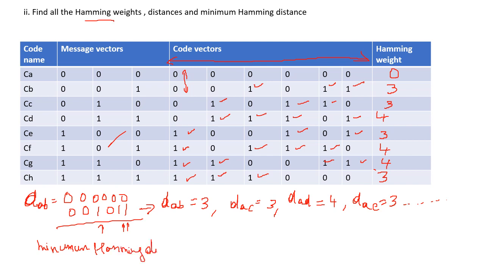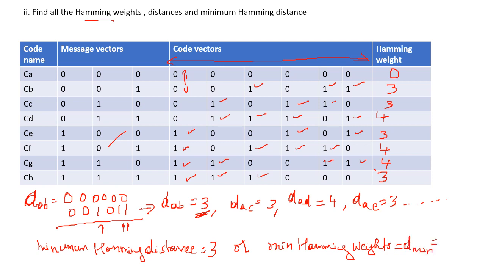The minimum Hamming distance is nothing but the minimum distance between two code vectors. So if you see here, the minimum value you get is 3. The other definition is that it is the minimum of all the Hamming weights. You get D minimum, that is the minimum distance.